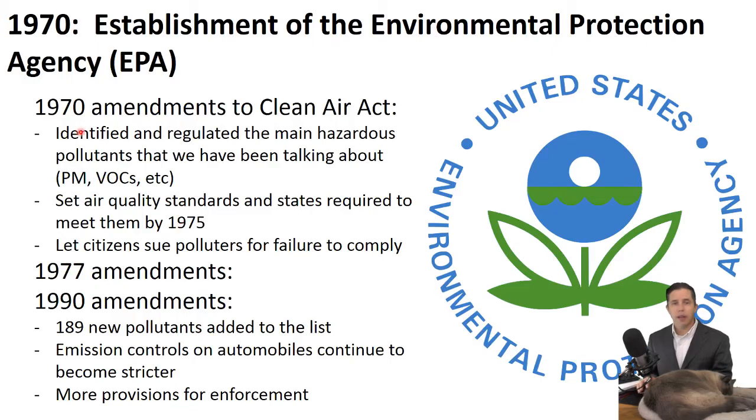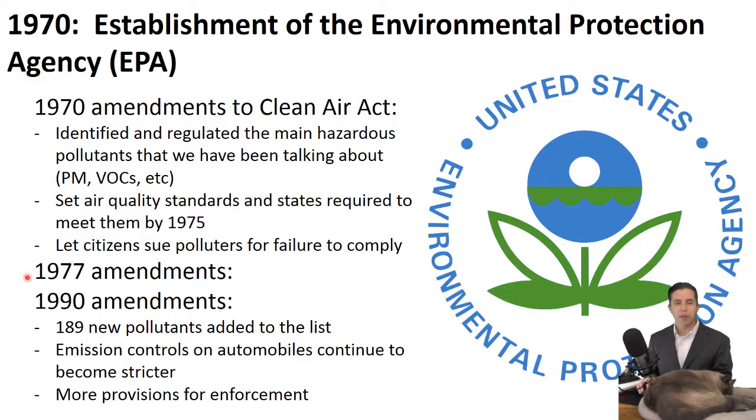Then the same year, there were amendments to that Clean Air Act, the one that they started in 1963. And this is where they introduced the list of pollutants that we've been talking about, PM, VOCs, SO2. These are things that now can be regulated for the first time ever, all right? And this law becomes amended in the future.